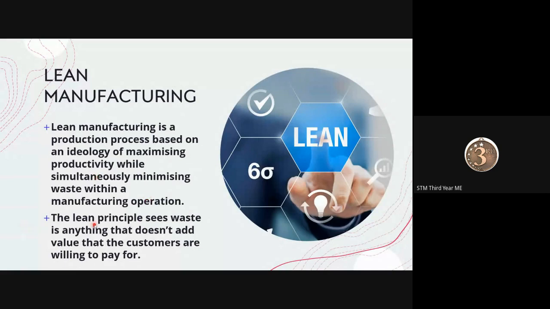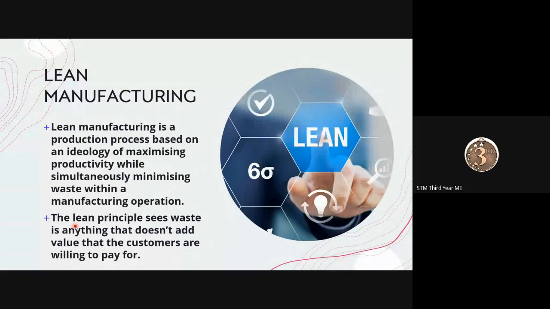The next point: the lean principle says waste is anything that doesn't add value that the customers are willing to pay for. They look at the possibility that the customer does not pay for the waste. The customer pays for the product itself, not the waste.